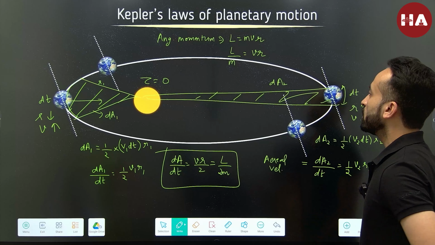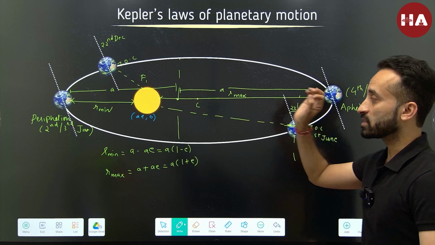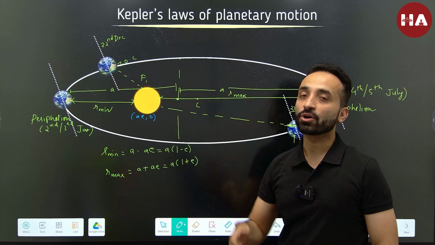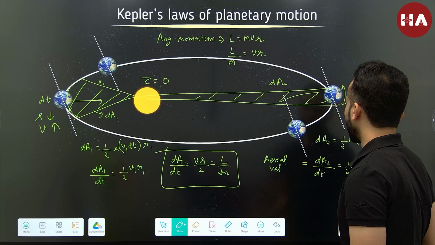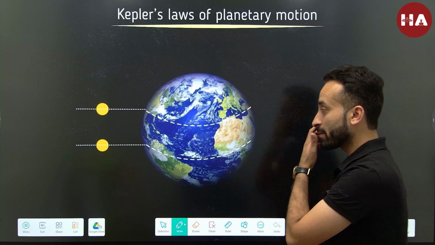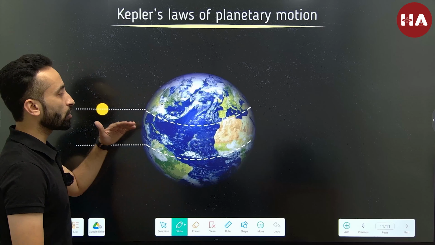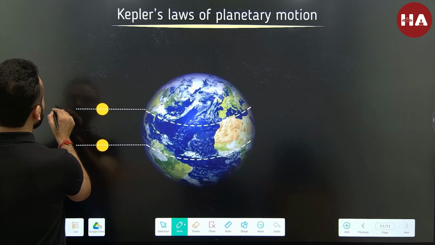Okay, so that's about, this general knowledge that you should have, that summers and winters is not related. In fact, I had another diagram to exhibit this, that what if you keep the earth static and study the movement of sun. So that's 21st June for you.